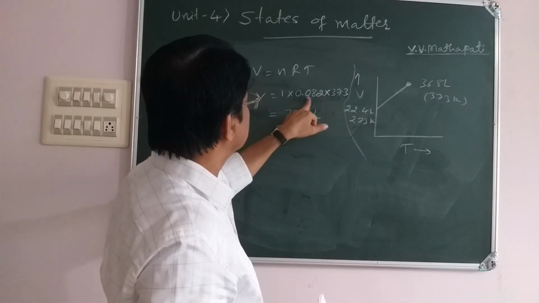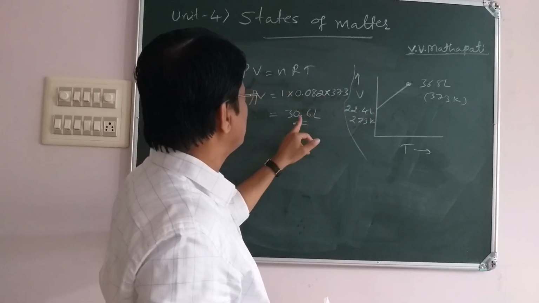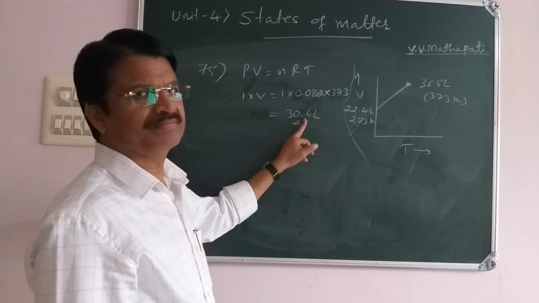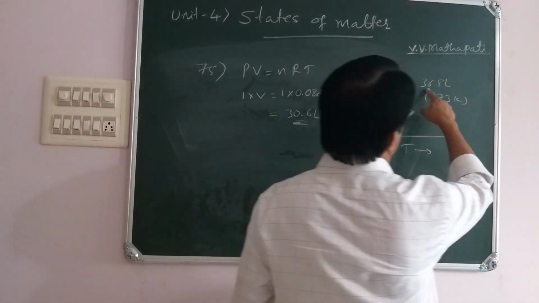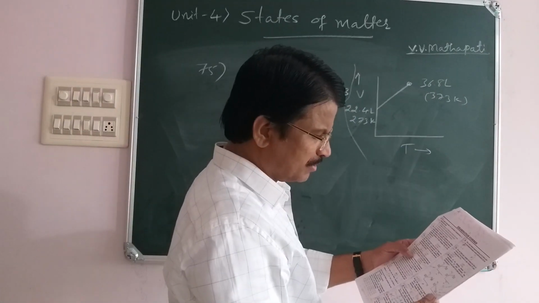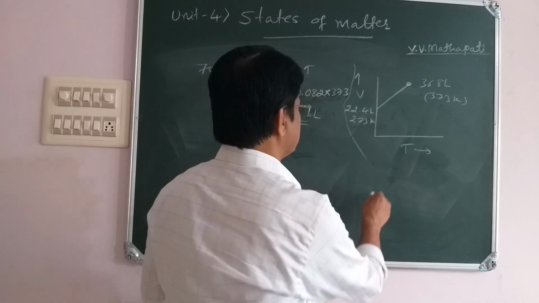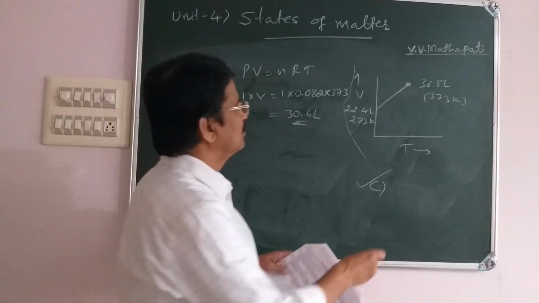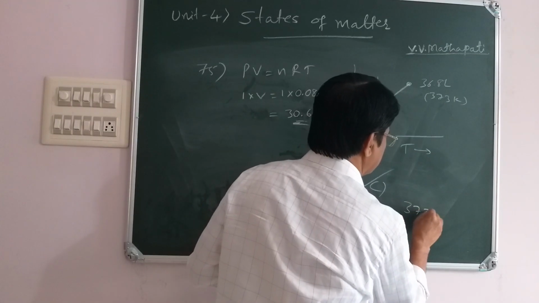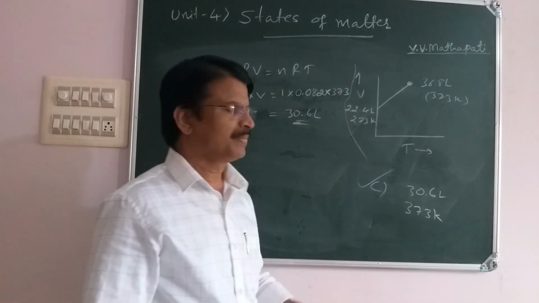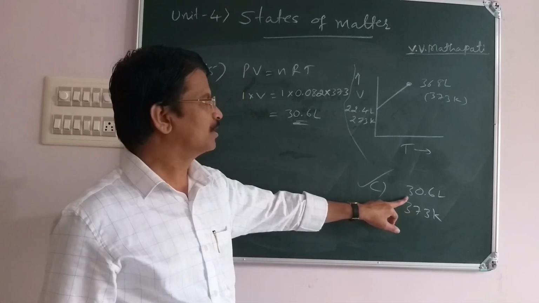And because of these three digits, after 3 digits we get a point. So you get actually 30.6, but we are not getting 36.8. This is option A. But 30.6 is given in option C. In option C, 373, 30.6, yes. So option C is correct.